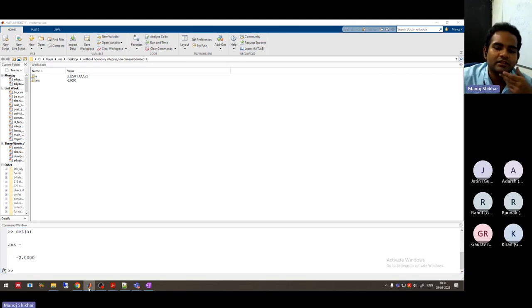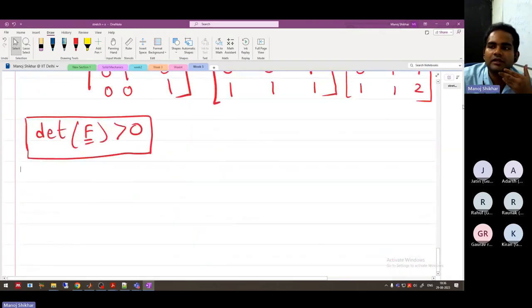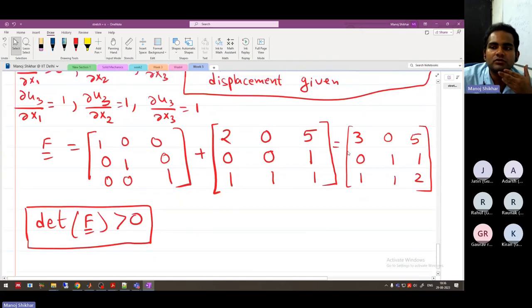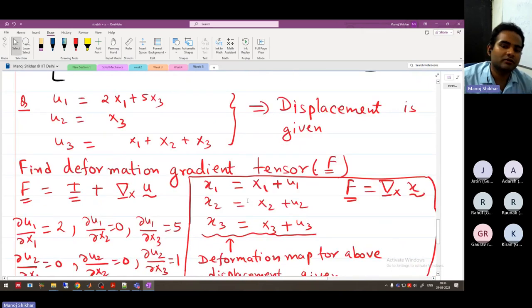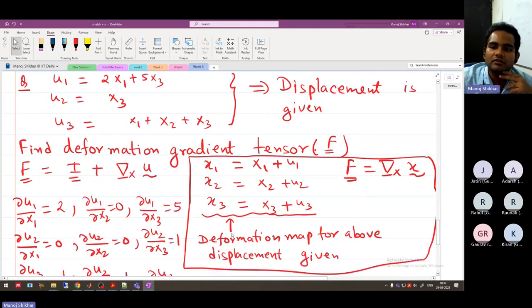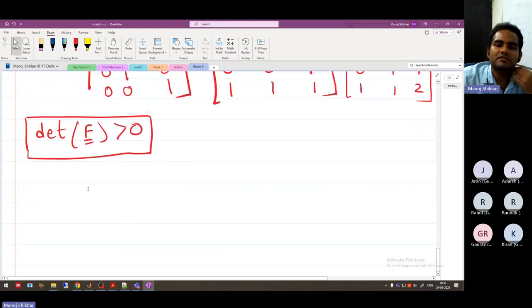So this matrix actually, suppose now here I have shown you that the determinant of this matrix is -2. So this means that this displacement is not possible. The question could also have been asked like this: will this displacement form a deformation gradient tensor or not? In that case, you have to follow all these steps, then check this.